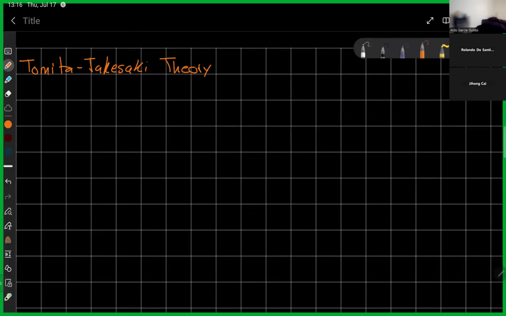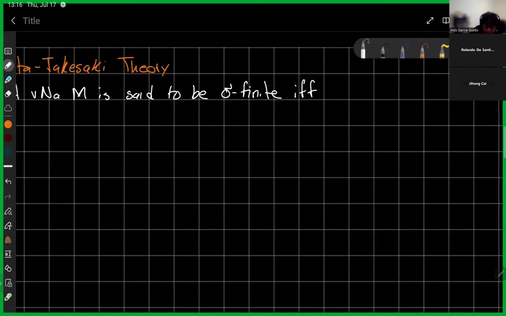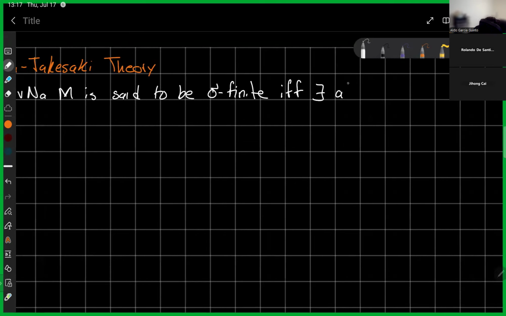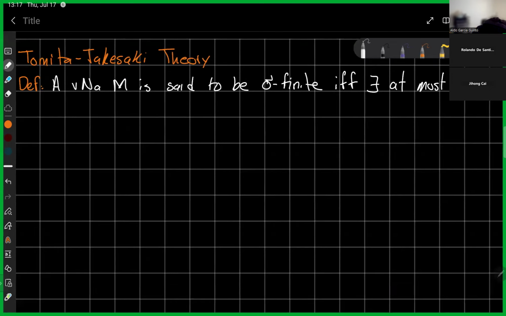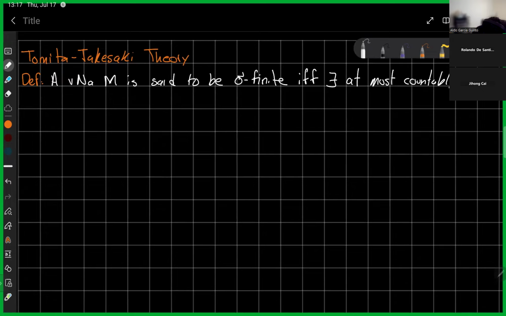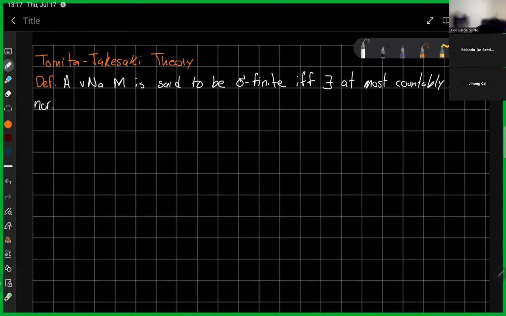a definition. So a von Neumann algebra is said to be sigma finite if and only if there exists at most countably many non-zero orthogonal projections.